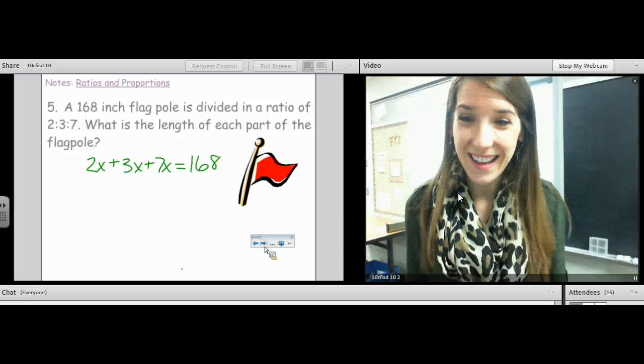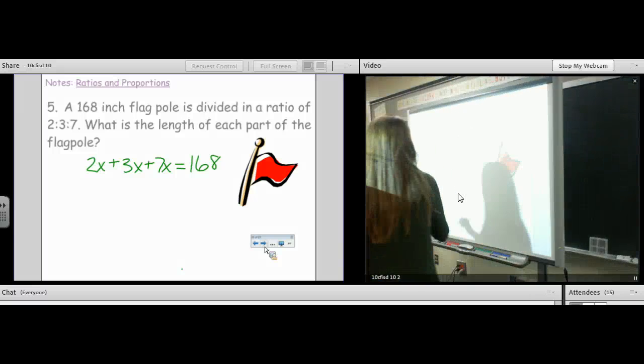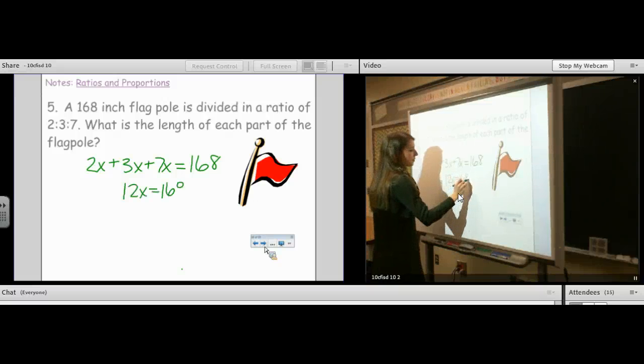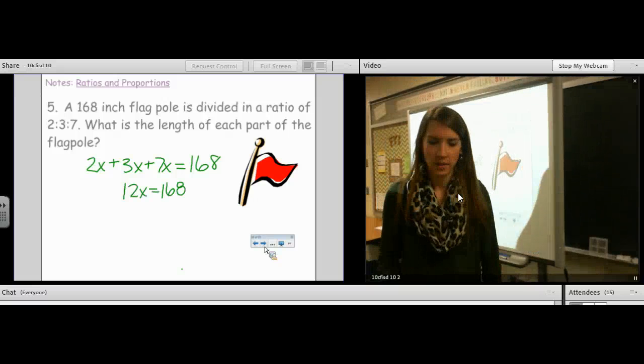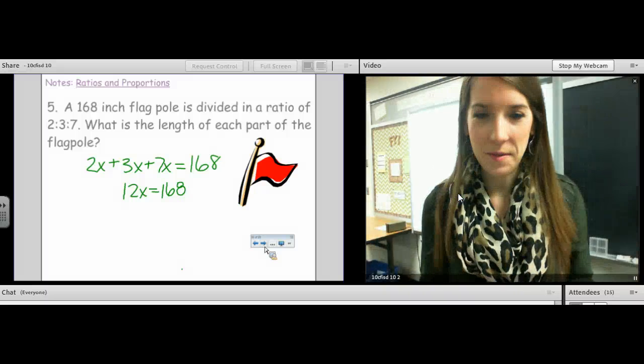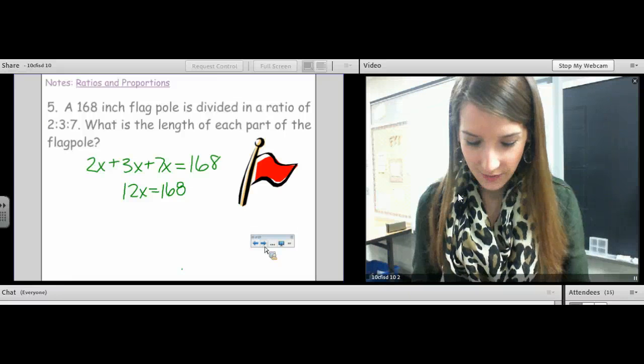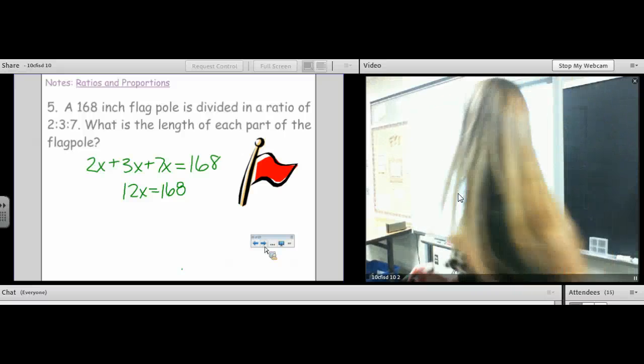Oh, you're already done? Okay. Sorry. 12x equals 168. So what's that common value that you can multiply them by? 168 divided by 12. So x is 14.